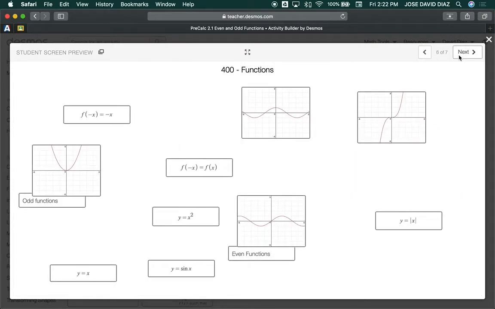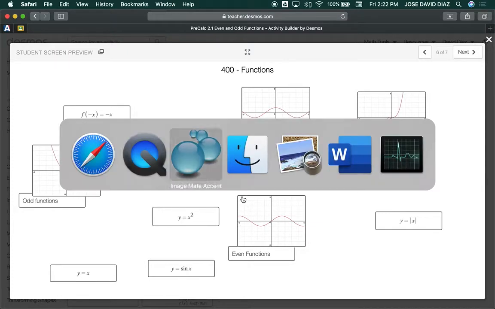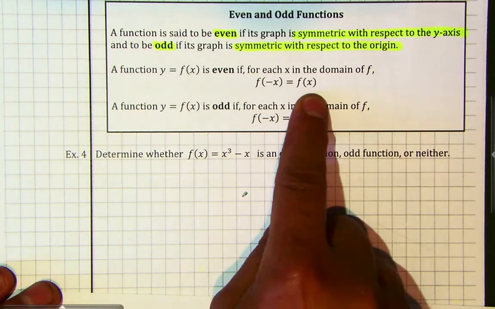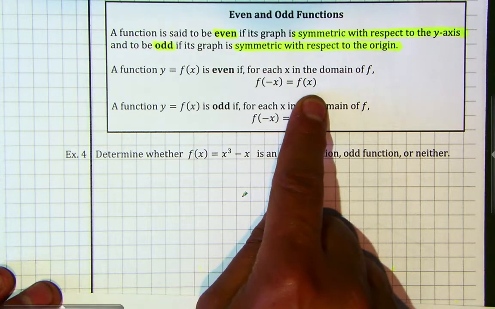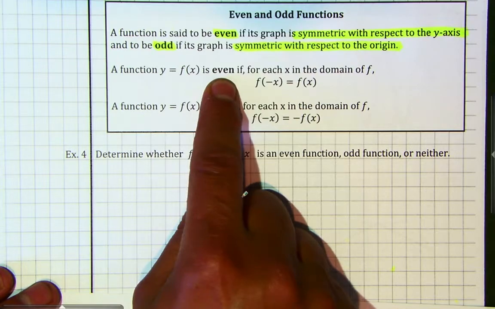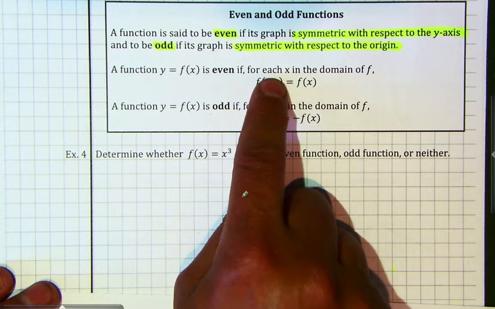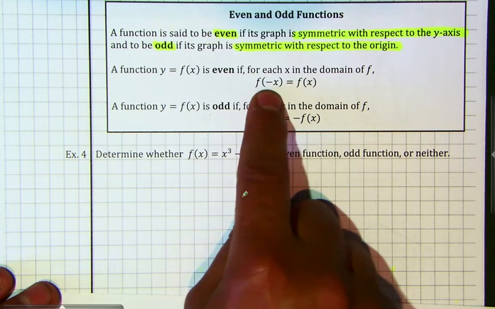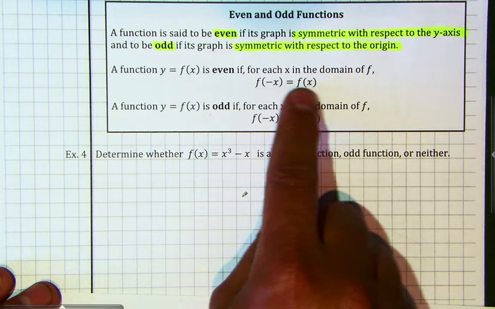And now we're going to cover even and odd functions. So this is the terminology that you also need to be able to remember. A function is even if for each x in the domain of f, when you plug in negative x, you're going to get the original function.